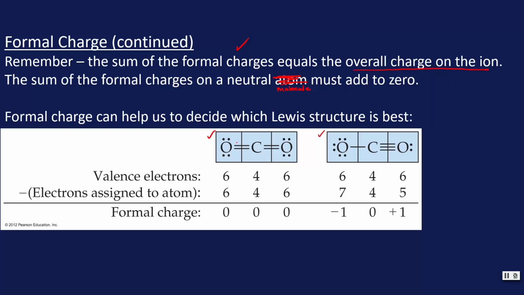The shorter the bond, the more bonds it has, the stronger the bond. So this is a very strong bond. It's got 3 bonds. The triple bond is the shortest of the types of bonds. The single bond is the longest, weakest. The triple bond is the shortest and strongest.